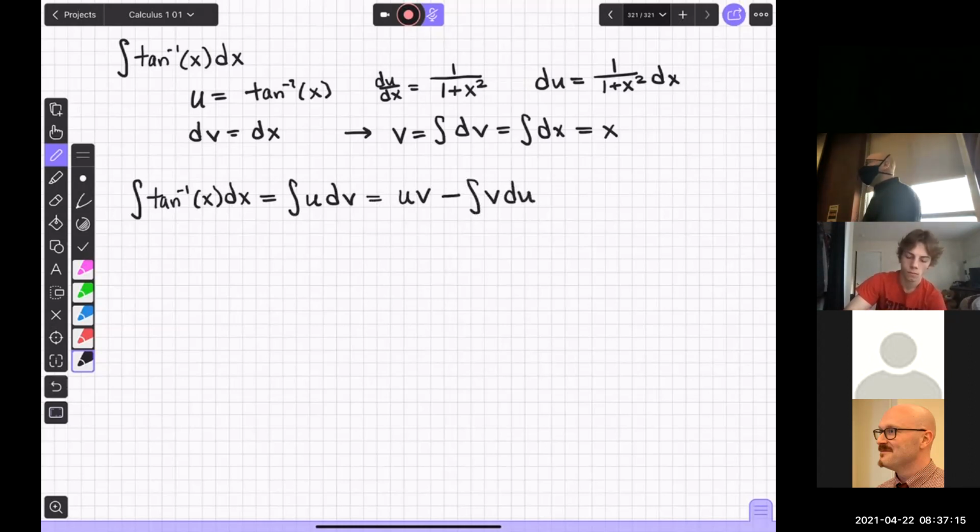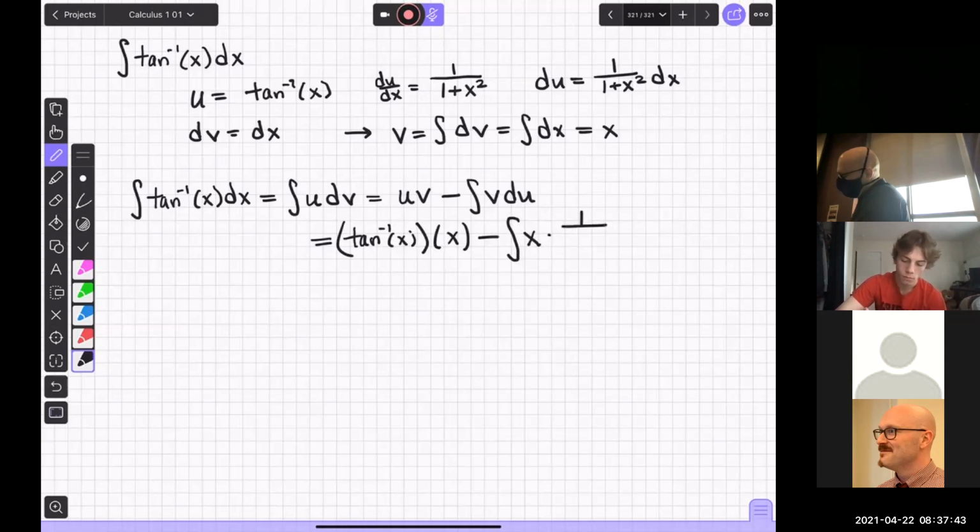And now let's put all those parts together. So u times v is equal to tangent inverse of x times x minus, and then I need an integral symbol, and x times 1 over 1 plus x squared dx.